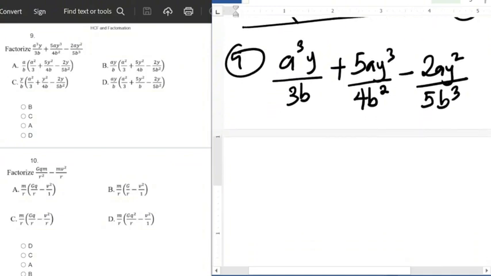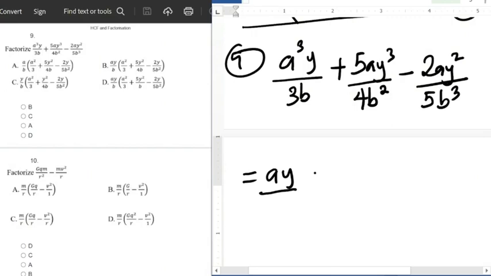Now, if care is not taken, you might not get it correctly. So what we're going to do, we are going to deal with them separately. So what do I mean by that? We'll look at the numerator, what is common to the numerators. So what is common? We have a squared, a cube here, and then a here. So a is common. Then y is also common.